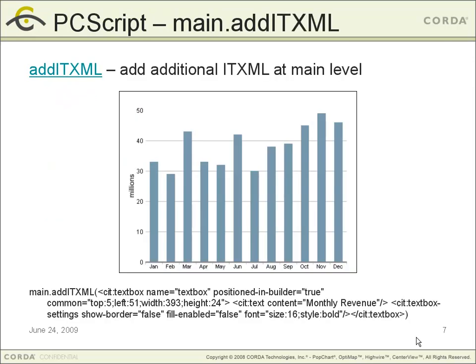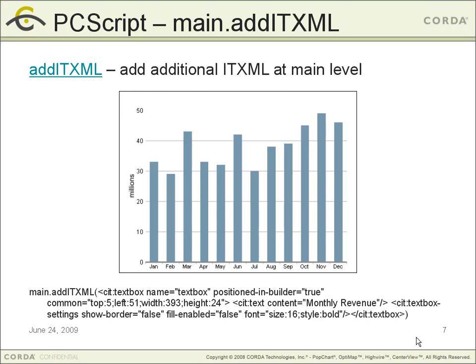So the first one we'll talk about is add ITXML. This allows you to add or replace some XML that was defined in the original image template file with some new XML, or to add some things in that weren't there originally.